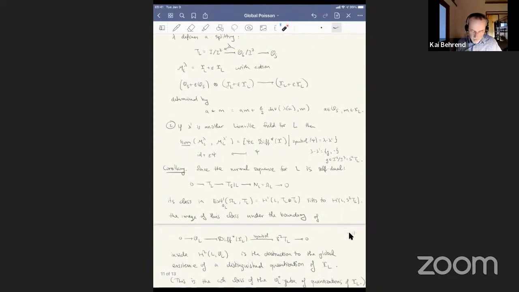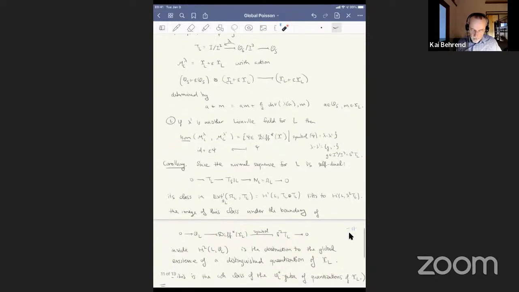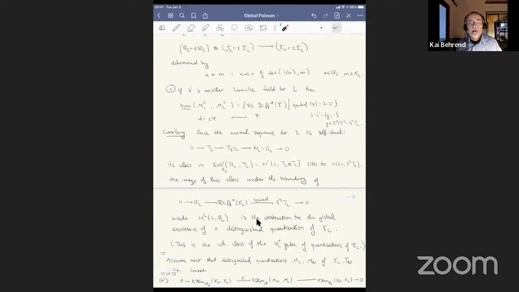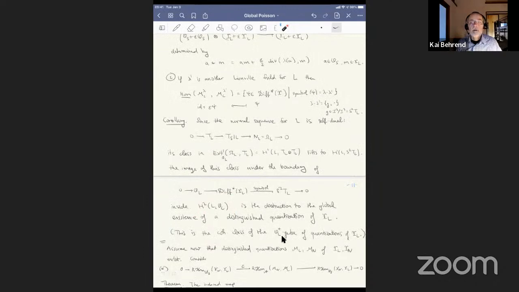And so if I look at this short exact sequence of the second order differential operators, the normal sequence for L gives me a first degree cohomology class here. And so the boundary of this sequence gives me a second order cohomology class here. And so what I'm claiming is that that's how I get the class of this gerb in H2 of L. So this is the cohomology class of this gerb of quantization of epsilon L.